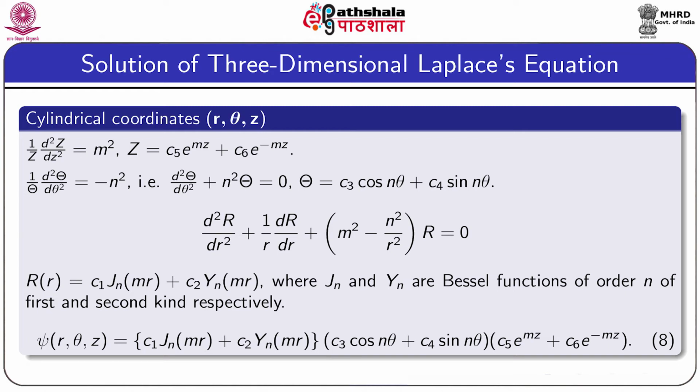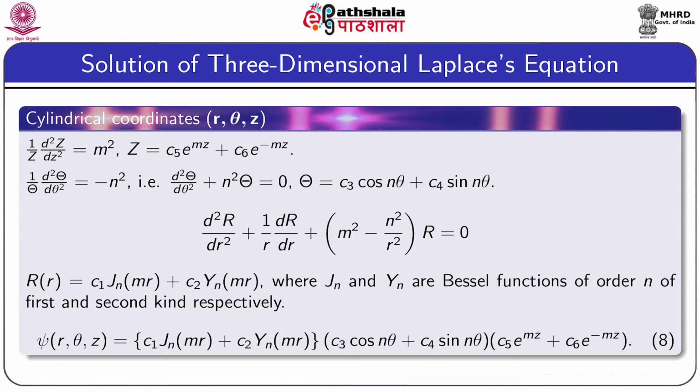Since in this physical problem there is a point r = 0, Y_n is not defined at r = 0. Thus, we need to omit the term Y_n, and the solution is independent of theta. So, to make it independent of theta, we must take n = 0.